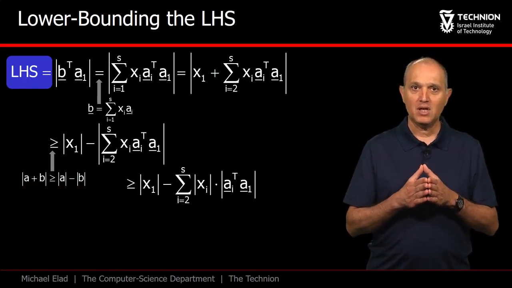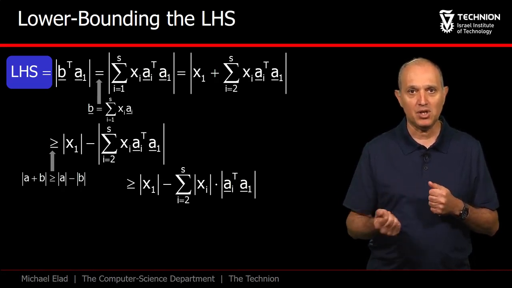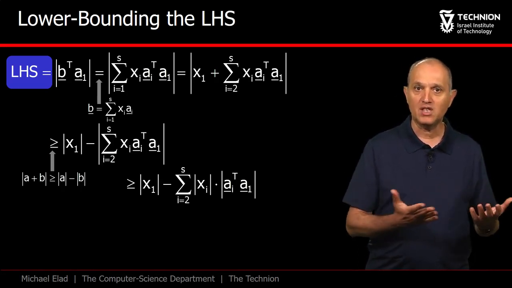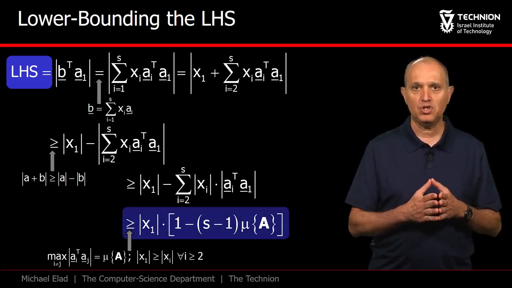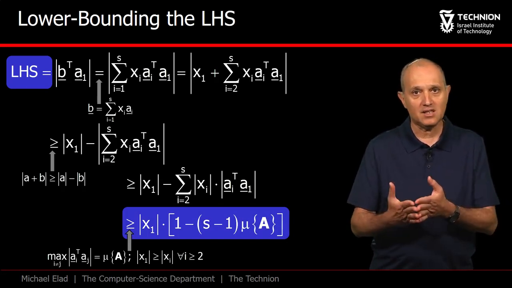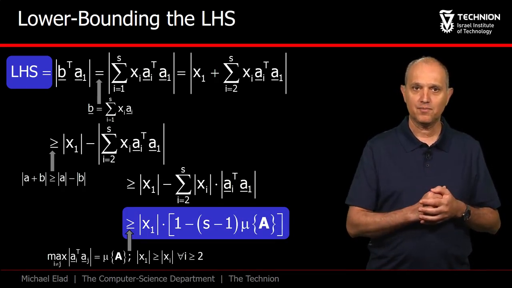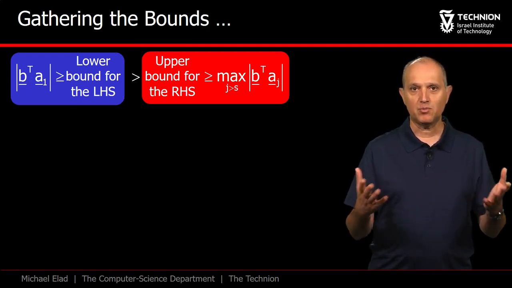From here, we can proceed in almost the same way as before, since upper bounding the summation amounts to lower bounding the overall expression due to the minus sign. This leads to the final expression, which again uses only absolute x1, the mutual coherence, and S, the cardinality of the unknown. It is now time to use the bounds as proxies for the actual expressions.